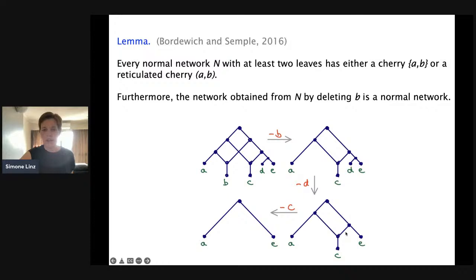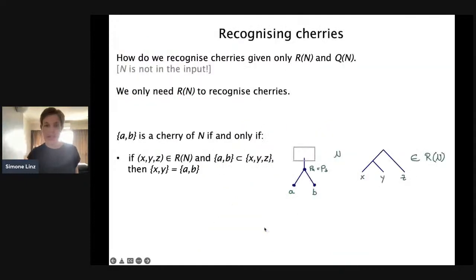It has a reticulated cherry, AC or CE, if you like. So there's some choice here again. And for the purpose of this example, I have basically said, okay, let's look at the reticulated cherry AC and delete C. So after three reductions, we are left with a single cherry.